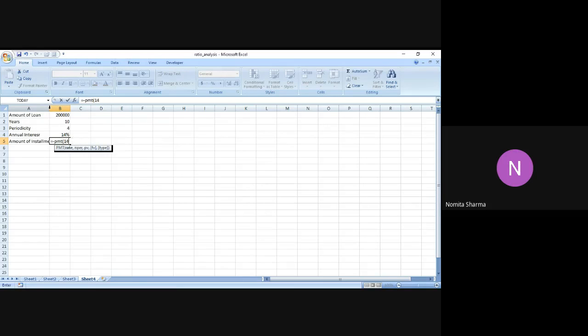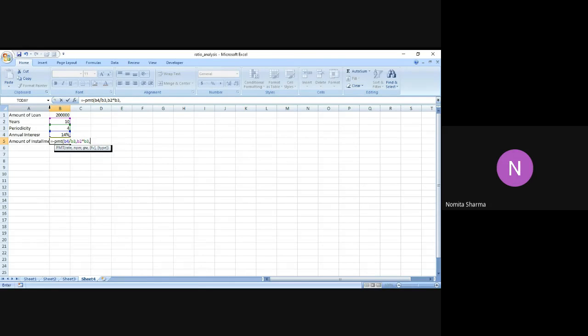Let me write the cell addresses, it's easier. So I say B4 divided by B3. Then I have the total number of installments, which is calculated by multiplying the years by the periodicity. So I simply say B2 multiplied by B3, and then comma.